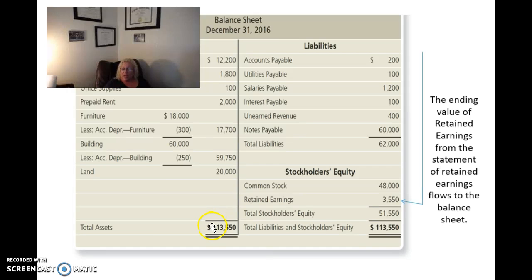Your statement of retained earnings records the change in retained earnings during that period. How did it change? Did it increase, decrease? So that's what that statement does. It shows you the change. And then the balance sheet shows you everything that the business owns, everything that they owe, and the equity that they have in the business.